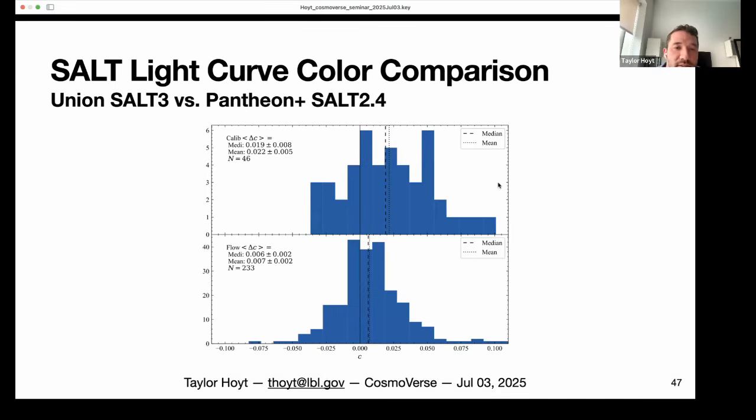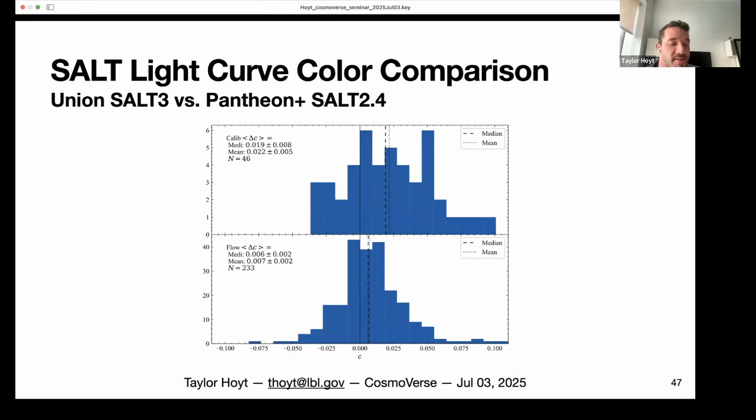Differences in the average light curve parameter between the flow and calibrator sample propagate as a systematic in H naught. So what this is telling us is that SALT 3 is measuring redder colors for calibrators than it is in the flow sample for Pantheon, comparing Union and Pantheon.